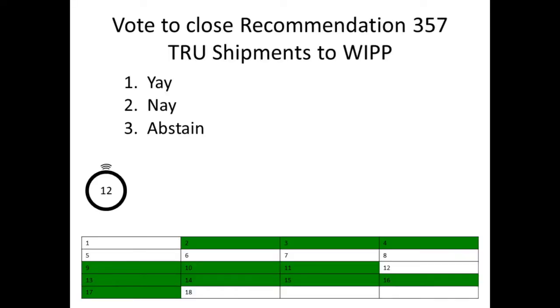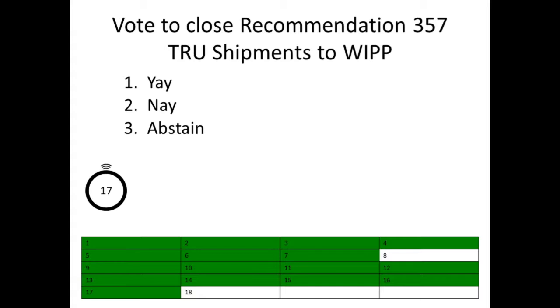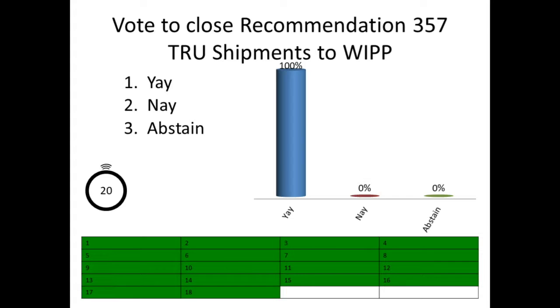So DOE SRS has accepted the recommendation. All right. Okay, all those in favor, please press the green button. All those opposed, please press the red button. All those wishing to abstain, please press the yellow button. There we go. Okay, we're in. And we have another 100% unanimous vote. All right, thank you very much.